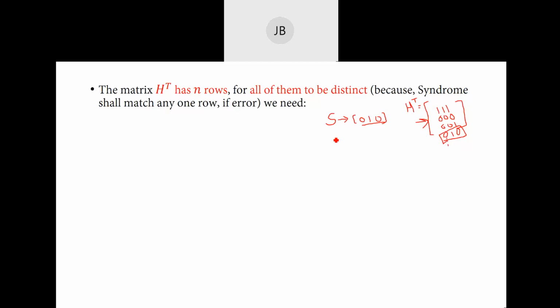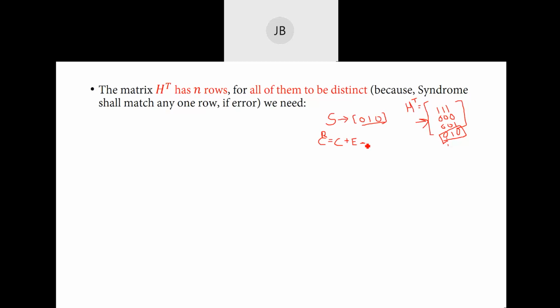That means in the received code word, because when the receiver receives a code word, what is received is actually the code word added with the error from the channel.